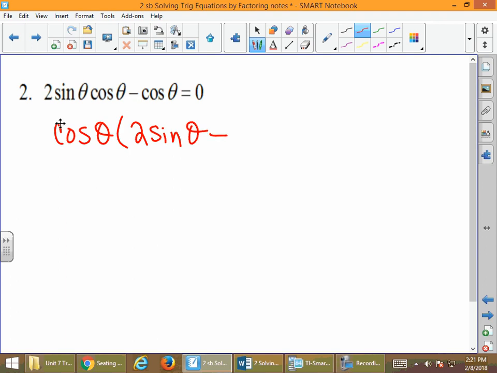And cosine theta divided by cosine theta is 1, and we do need to write that 1 in this problem. So it happened to be another greatest common factor problem. And once we factor this trigonometric equation, we're going to set each factor equal to 0.